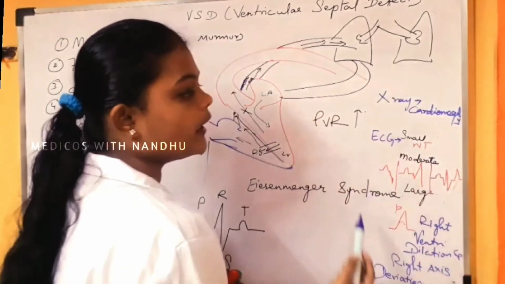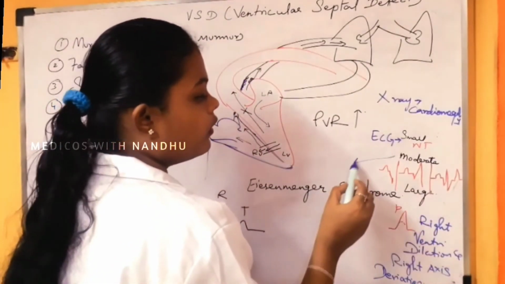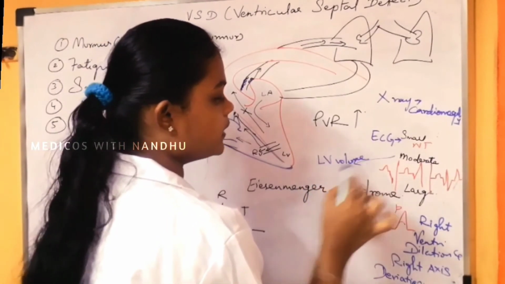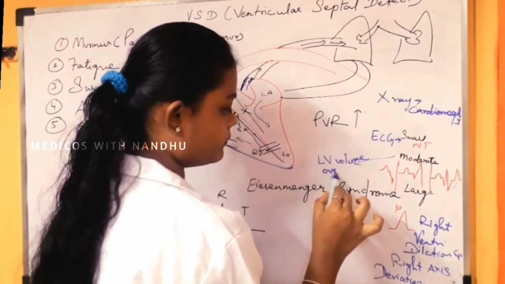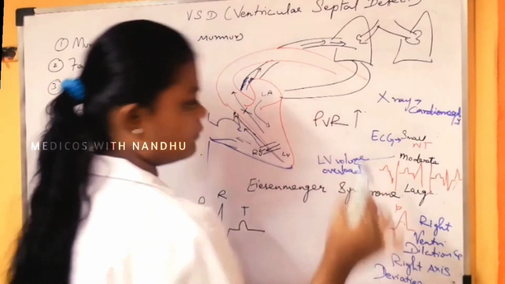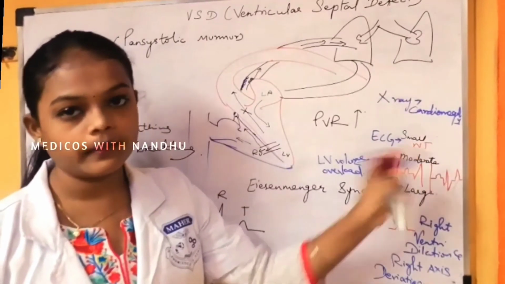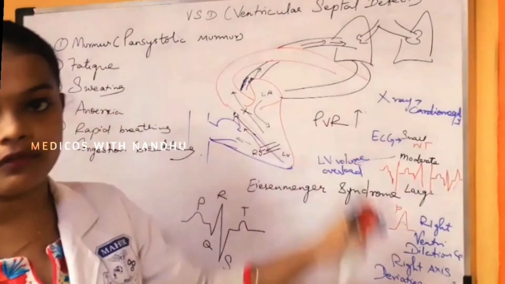In moderate, we have left ventricular volume overload can be seen. In small VSD, we have normal tracing. Okay, this is the ECG modification and X-ray.